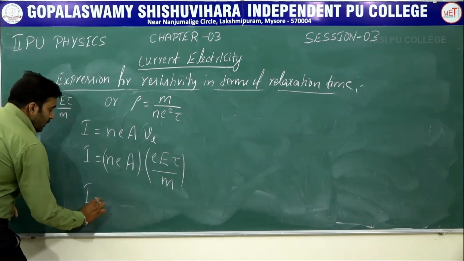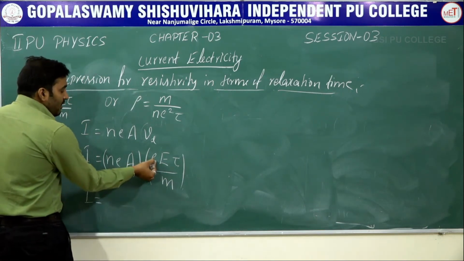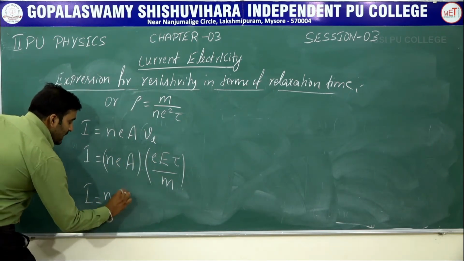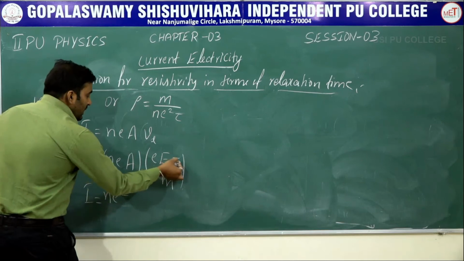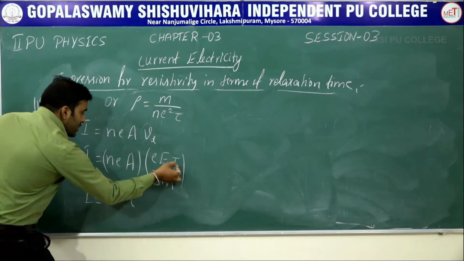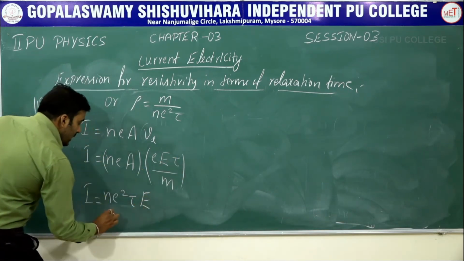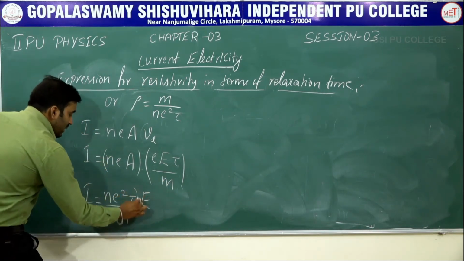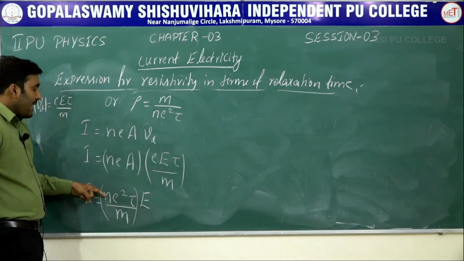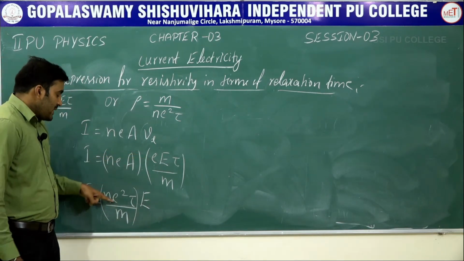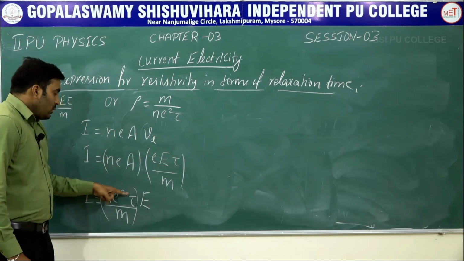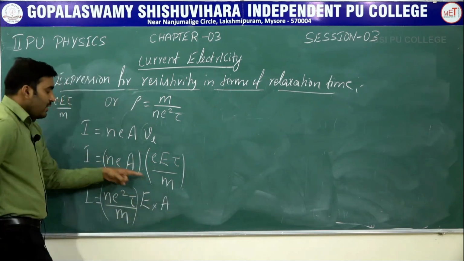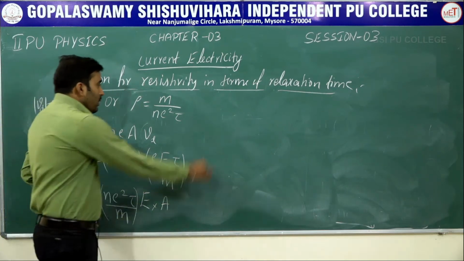Now I is equal to, multiplying with e, this becomes e square. Inside the bracket I write n, e square, tau, divided by m, and what remains is E, the electric field, and A, which is written outside the bracket.